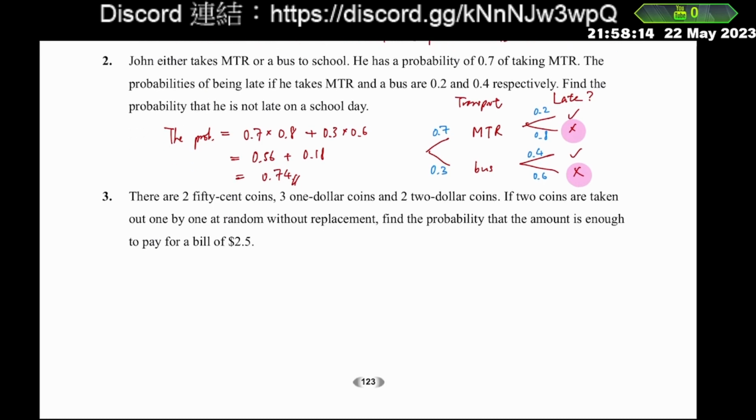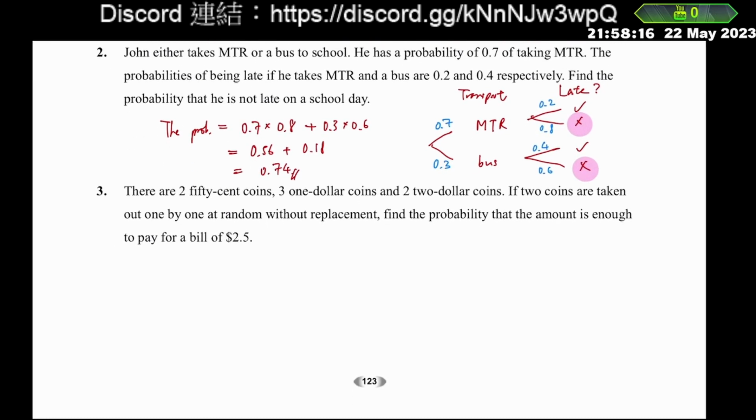Now for question 3, it is a case with the number of coins. In the question, there are two 50-cent coins. For better understanding, I usually change the words into symbols. The 50-cent coins mean $0.5, and there are two of them.